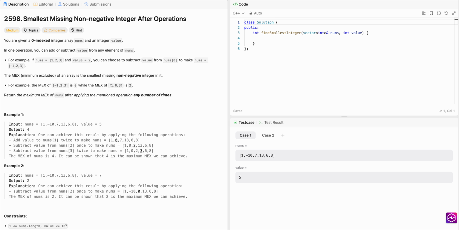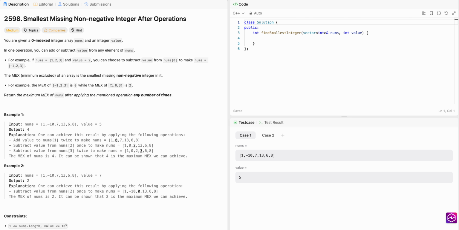So we need to return the maximum MEX we can get. I see. All right, so the MEX can never be greater than the length of the array, first of all.